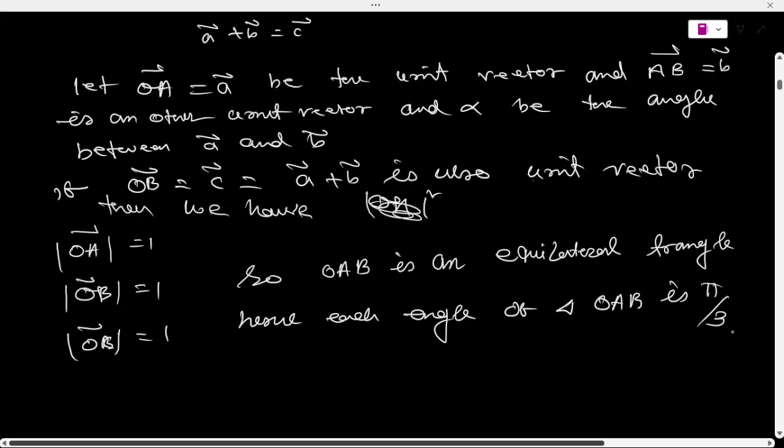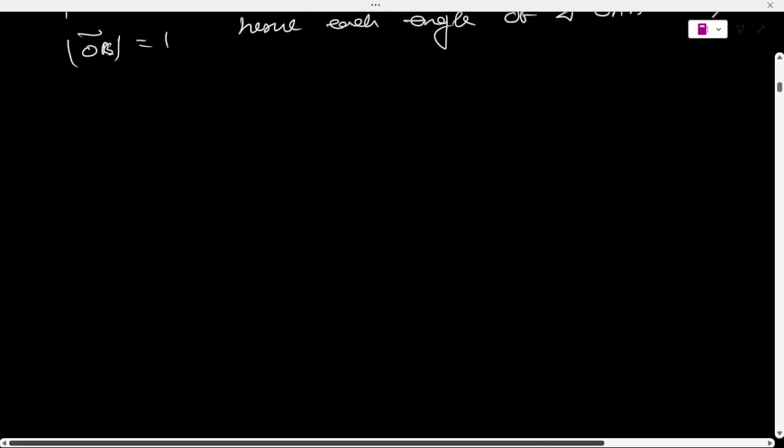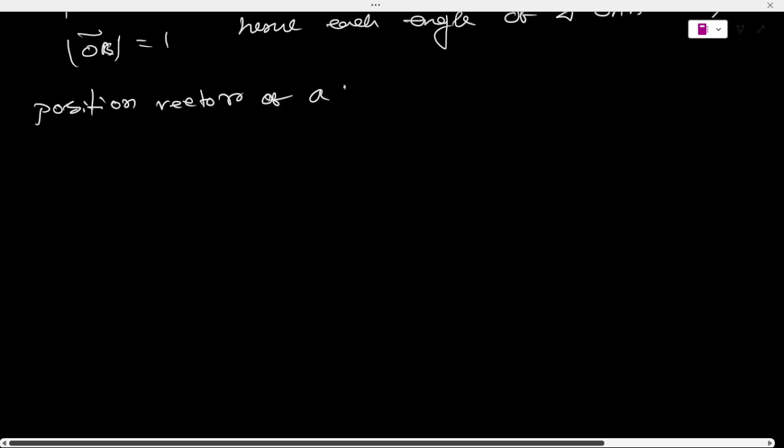Next, the position vector of a point. You have to find out the position vector of a point.